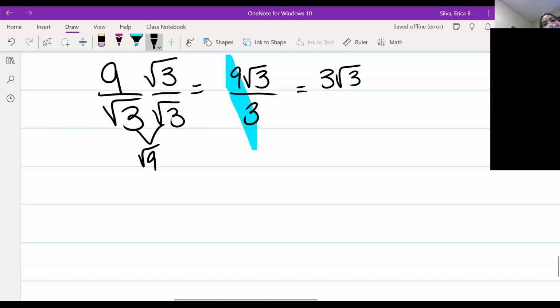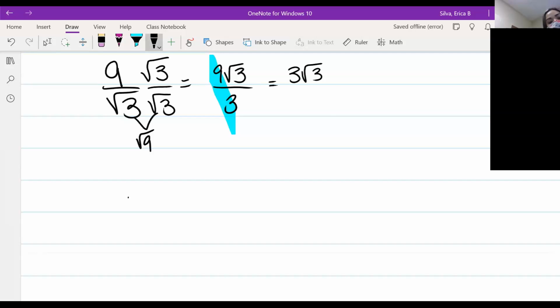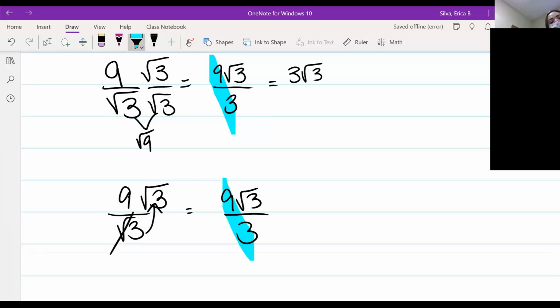Now, those of you that like the shortcut way, if you have 9 divided by the square root of 3, we want to move this radical to the top, and then you can just eliminate that radical. So this is 9 square root of 3 over 3, and again, we simplify, and we get 3 square root of 3. Either way.